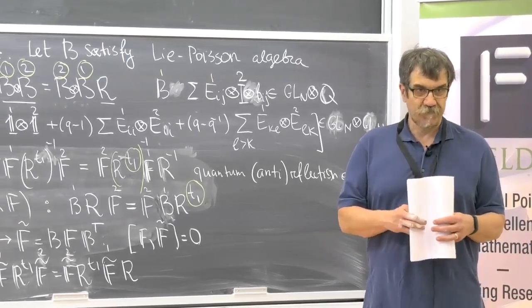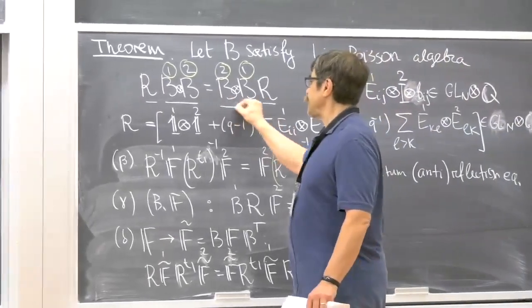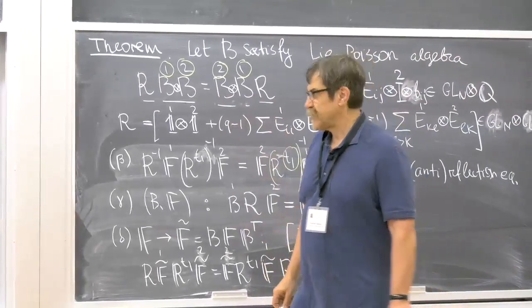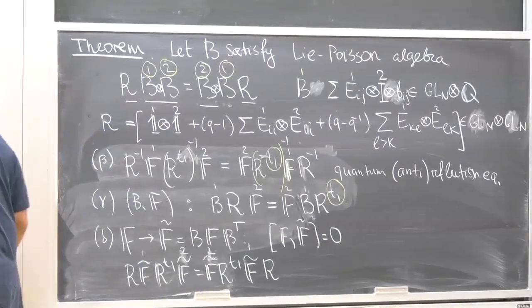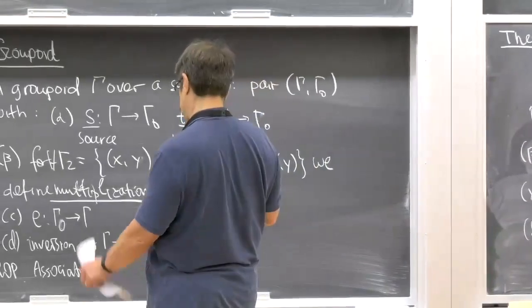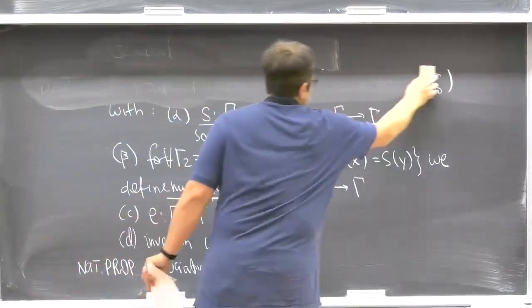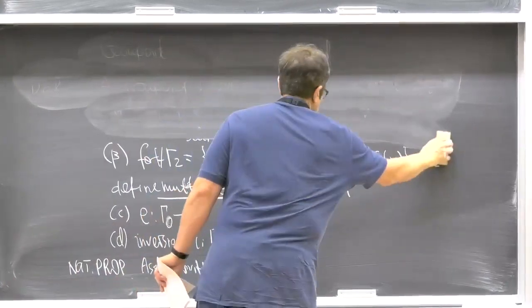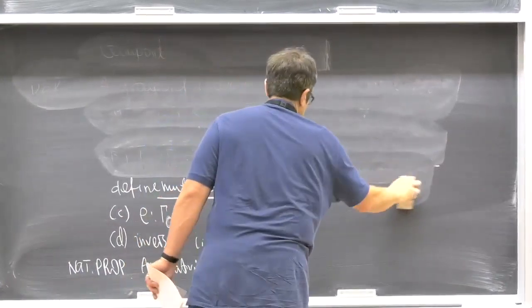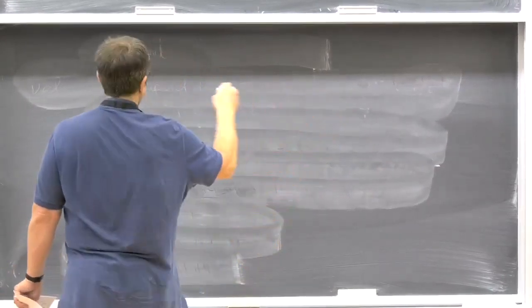What is new actually is realizations of this B. That's the last part. So how can we construct elements of this matrix B?